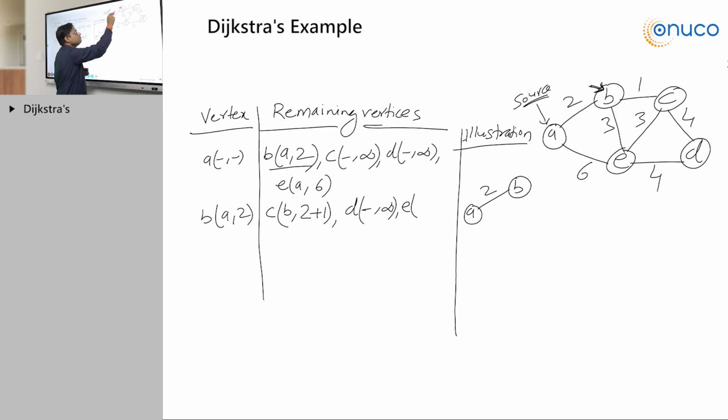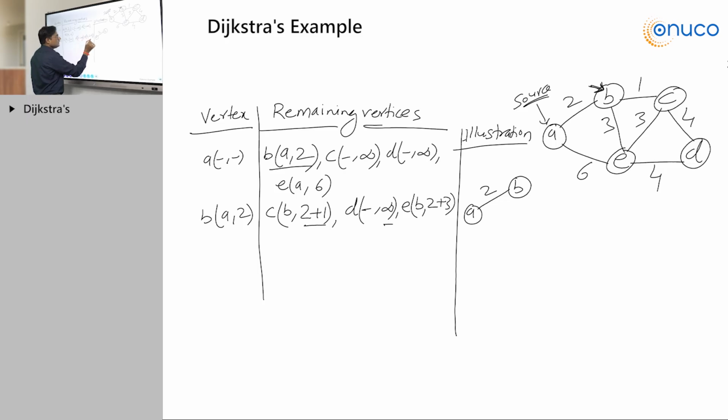But if you go via B, A to B is already computed and B to E is 3. So 2 plus 3 is 5. The direct distance is 6, so we are going via B. That is, the distance is 2 plus 3. So we can write here B to E, distance will be 2 plus 3. Now here we can see it is 2 plus 1 is 3.